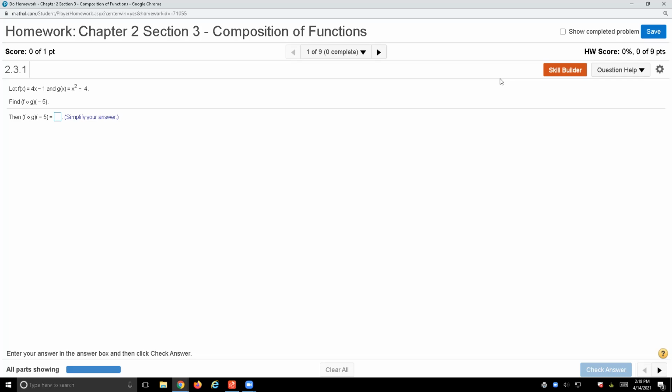So it says, let f of x, this is chapter 2, section 3, question 1. Let f of x be 4x minus 1, and g of x equals x squared minus 4. Find f of g of negative 5.